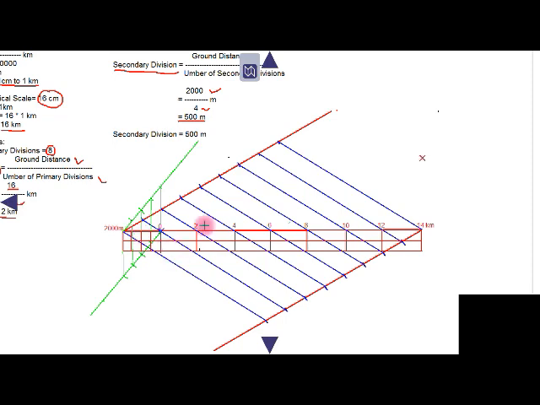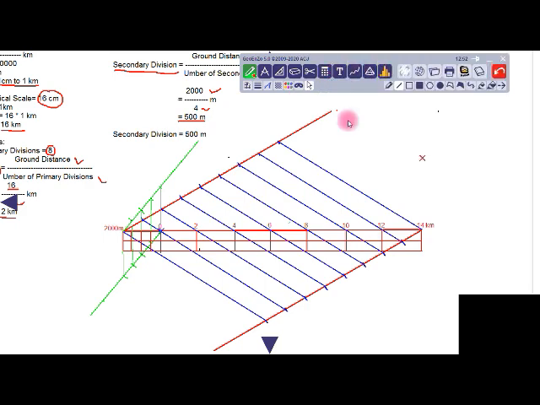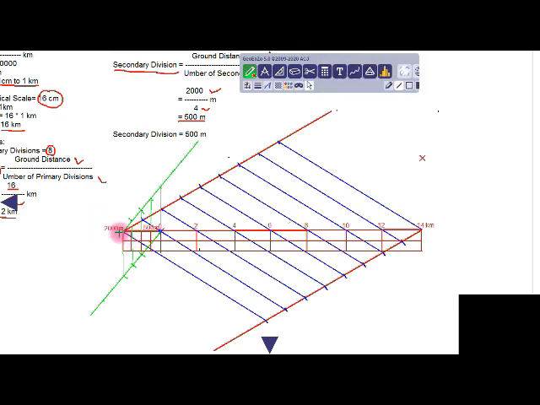Okay, so now it is very easy to understand that these distances will help us to measure the meters, and the secondary divisions are helping to measure the meters, and these primary divisions help to measure the kilometers.